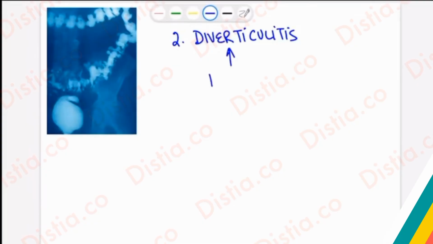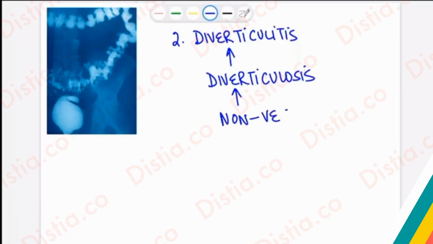And this constipation can then trigger development of first diverticulosis. Please appreciate the fact that for anybody to develop diverticulitis, first he should have a pre-existing diverticulosis. And why do you get diverticulosis is mainly because of the constipation component in a hardcore non-vegetarian.